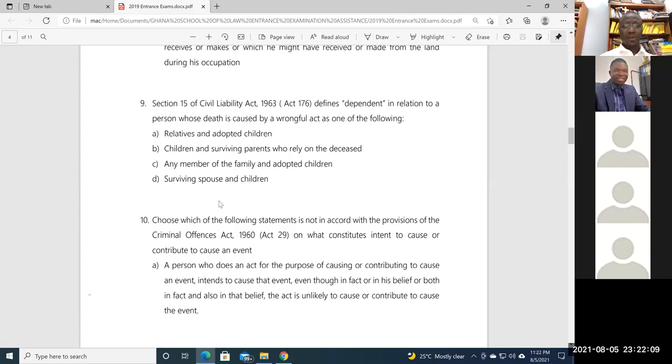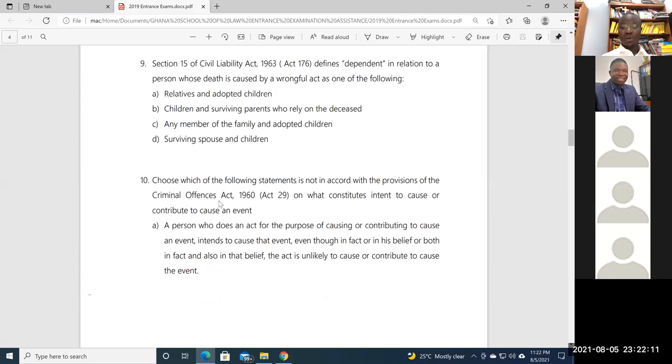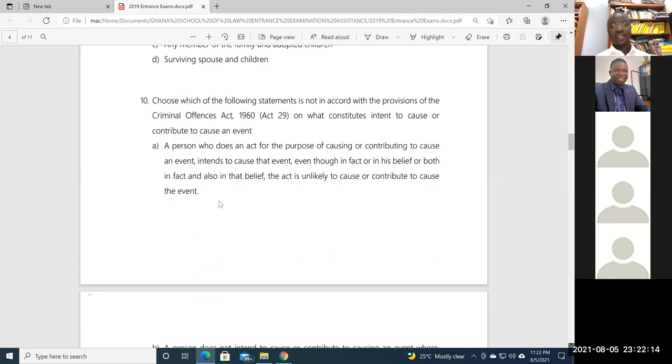Okay, 10: choose which of the following statements is not in accord with the provisions of the Criminal Offences Act 1929 on what constitutes intent to cause or contribute to cause an event. Okay, so we remember the Criminal Offences Act, and we know that in criminal law, to have a crime constituted, we have actus reus, that is a prohibited act, and then the mens rea, the requisite guilty mind for commission of that offense.